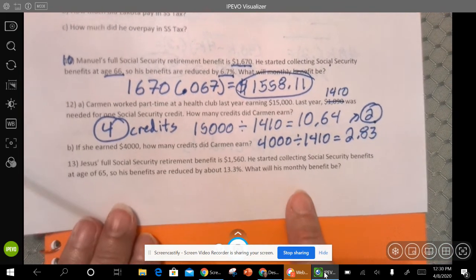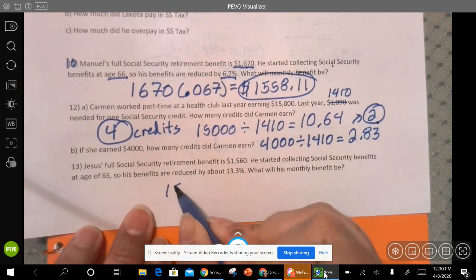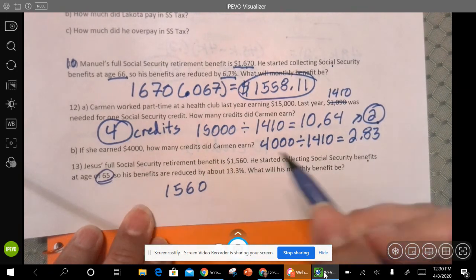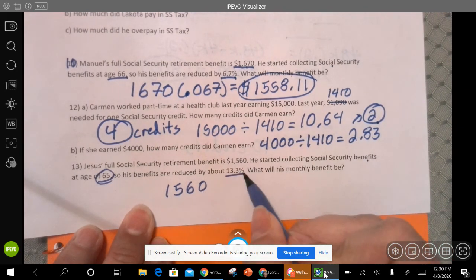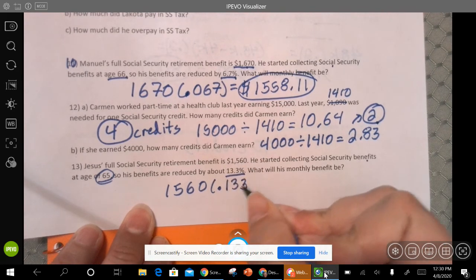Okay, so this one, let's look at Jesus. So his full retirement benefit is 1,560. He started collecting Social Security benefits at 65, so it's reduced by 13 3/10%. Again, everybody, these are the actual percentages.